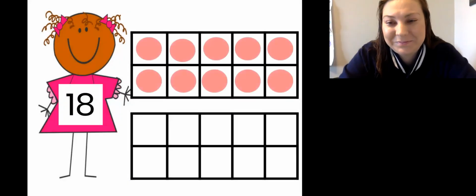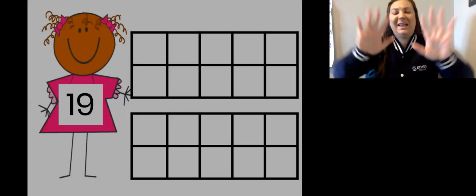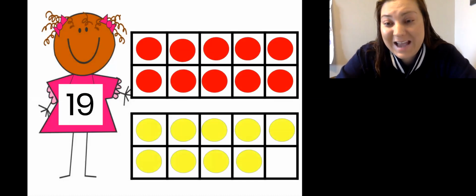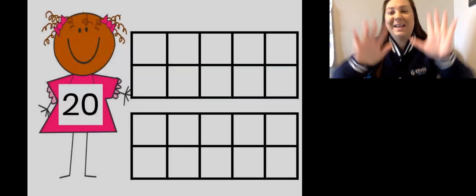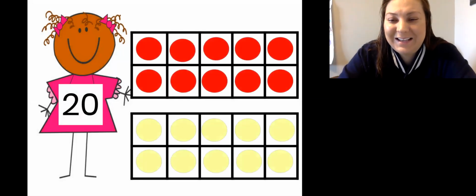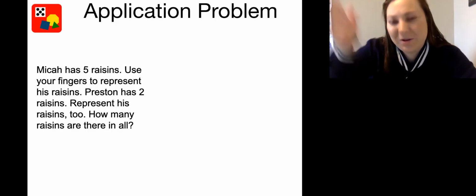Your turn. My turn. 10 and 9, 19. Your turn. 10 and 9, 19. Last one. 10 and 10, 20. Great job, scholars. Go ahead and kiss your brain.